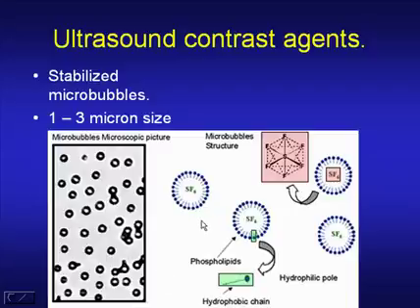The microbubble structure usually consists of a phospholipid shell, initially containing air in the first generation of contrast agents, but now they contain fluorocarbons and similar compounds which are more stable gases which don't dissolve readily in the serum and persist within the circulation for a number of minutes, up to 10 or 15 minutes with some of the later agents.